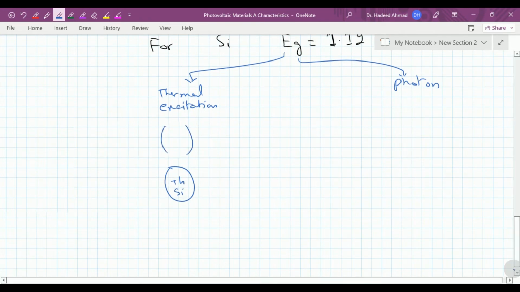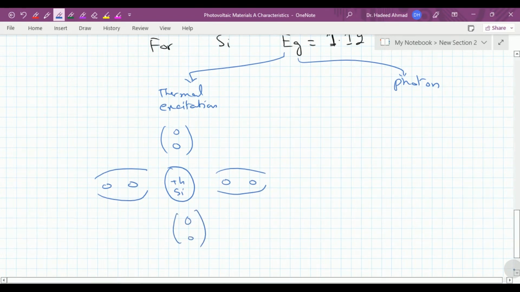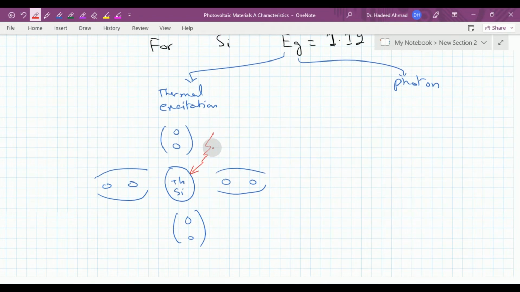Here we have the structure of a silicon. So suppose that we have some photon, it knocks on to this material. What happens here is that it makes one of the electrons free from this structure, and consequently it becomes a free electron, thereby creating a hole here.